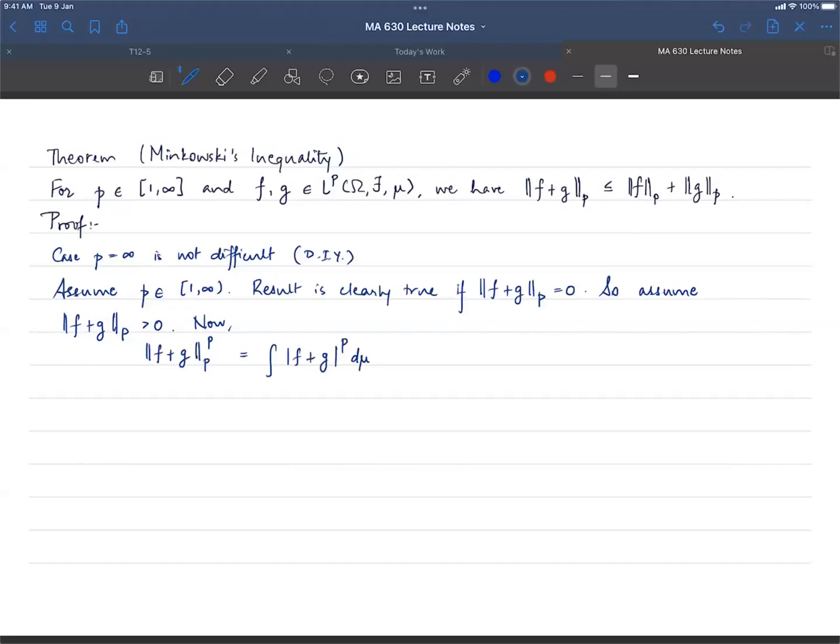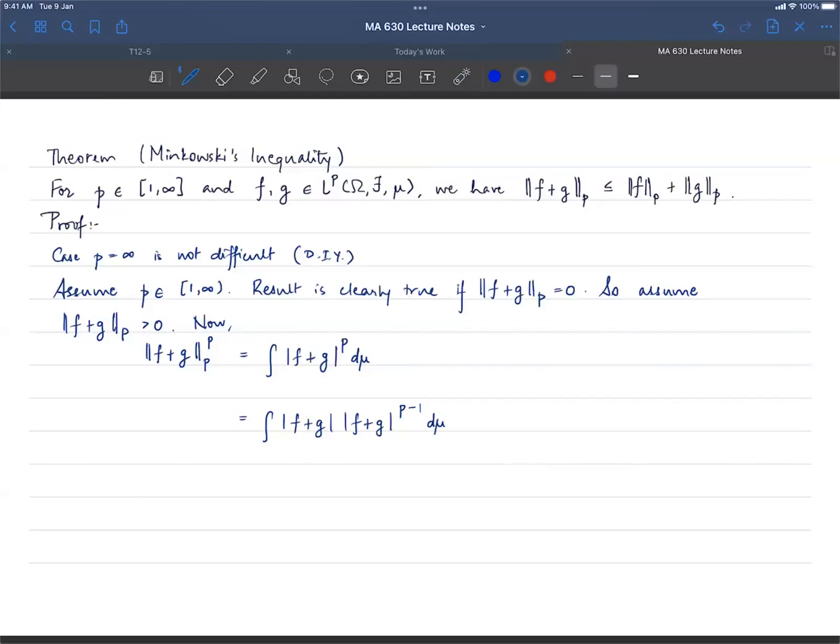Why is this true? This is just true by definition. Right? By definition, the L^p norm is the pth root of this guy. So the L^p norm to the pth power is just the integral of this guy. Okay. And then of course I can write this as the integral of the absolute value of f plus g times the absolute value of f plus g to the p minus 1 dμ. Why can I do this? Well, this is just basic stuff you learn in algebra.